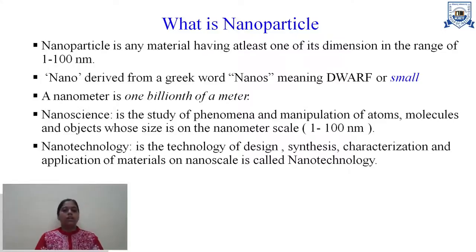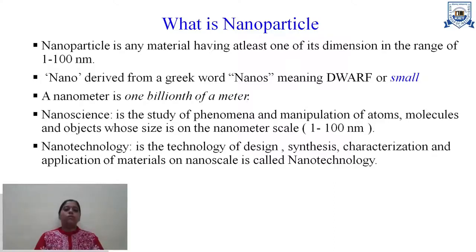It may be in other dimensions also, but the necessary condition is that in one dimension it should be 1 to 100 nanometer. The word nano is derived from nanos, which means dwarf, that is small. So we can say a nanometer is 1 billionth of a meter.